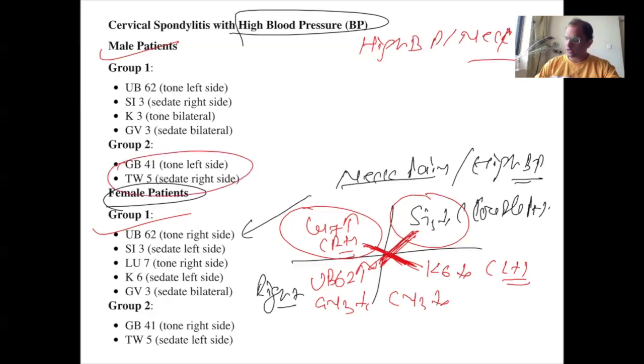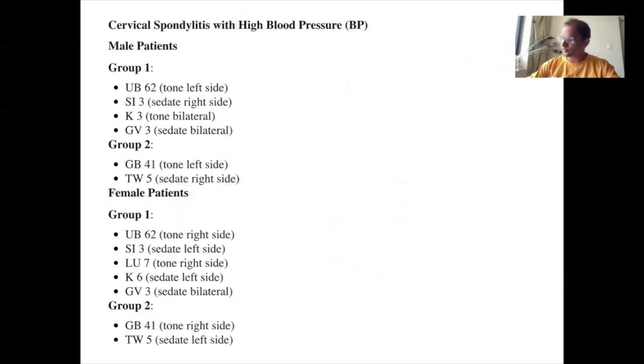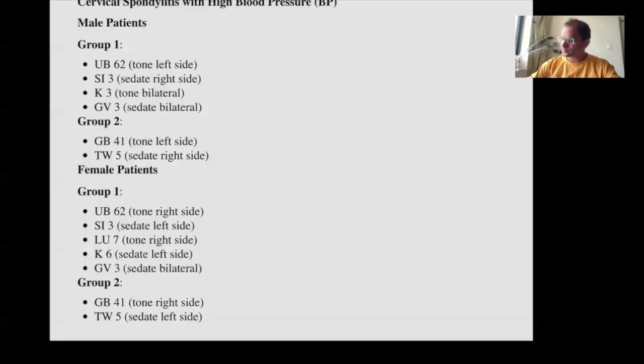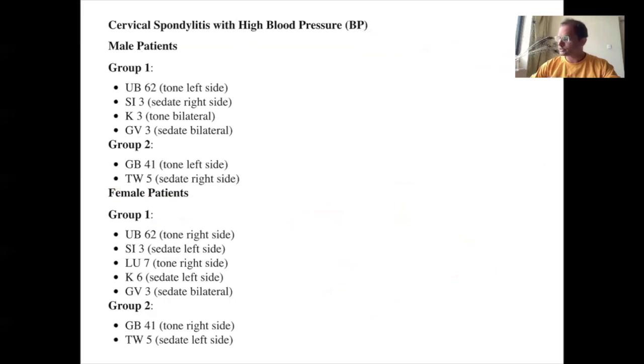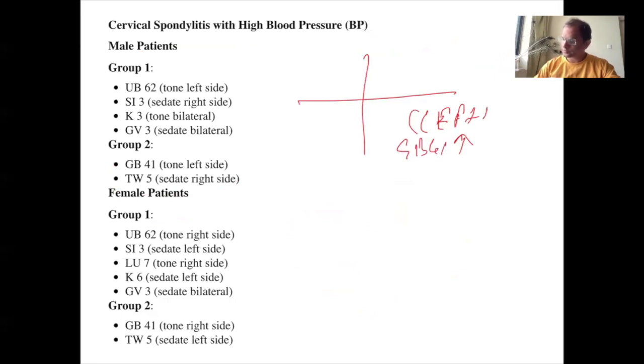So apply the formula gallbladder 41 tonification. Now we'll apply a little changed formula. For the male patient, the left side is the dominant side. So gallbladder 41 tone and triple burner 5 sedate.